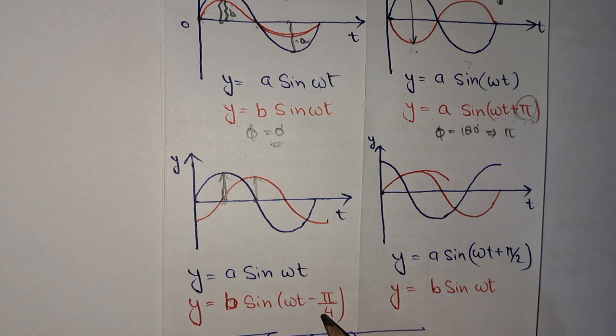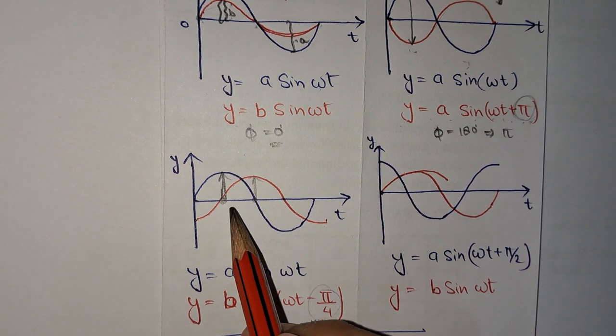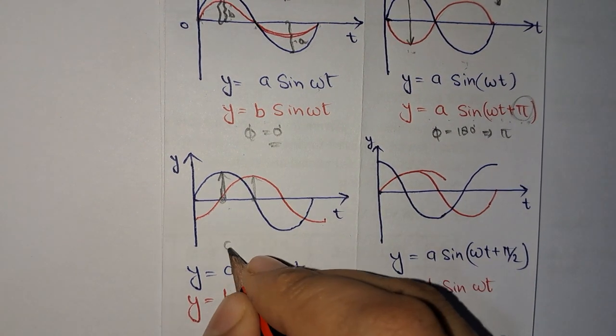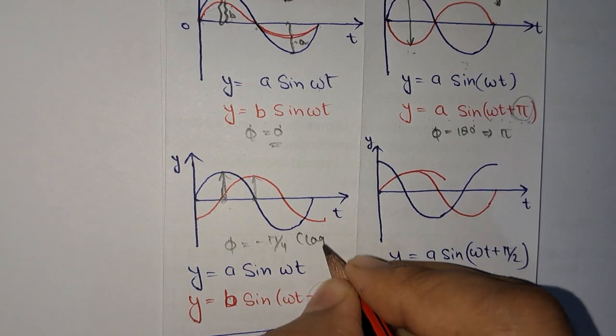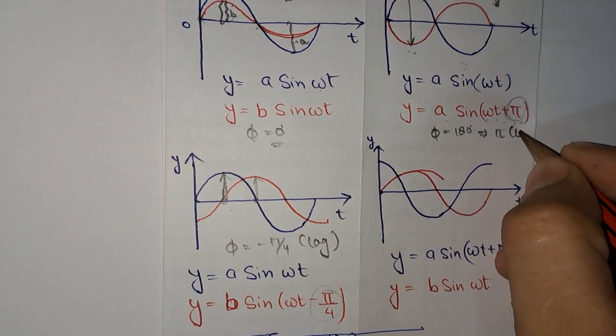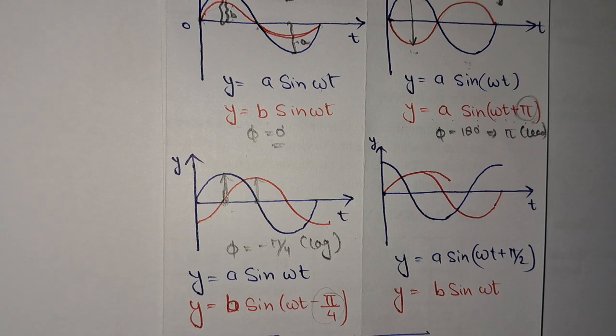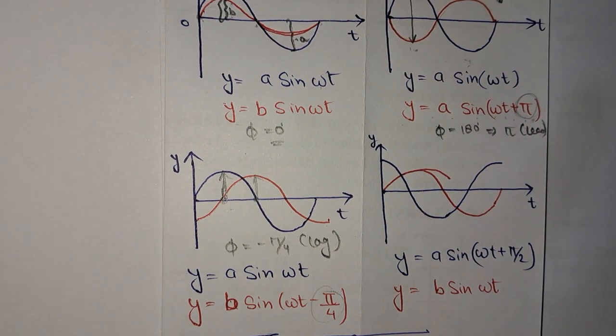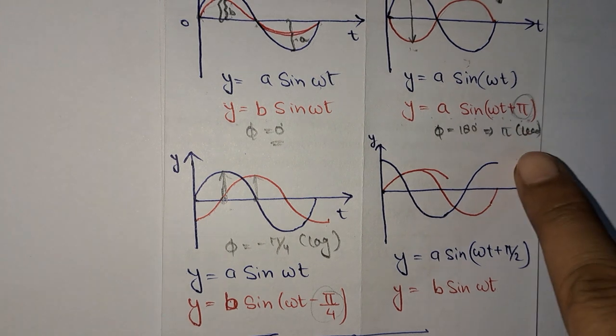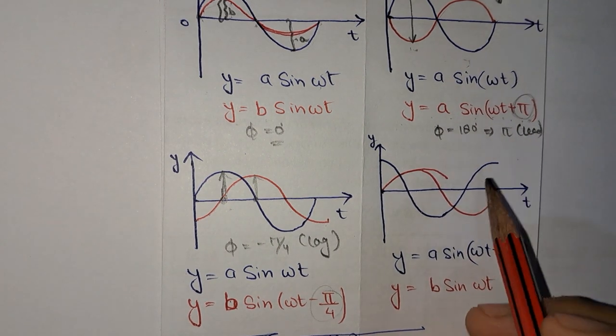Now since this is minus here, it means it is pi by 4 lagging. So this is lagging and this is leading. Lagging means that it is coming behind and this is coming forward, advance.